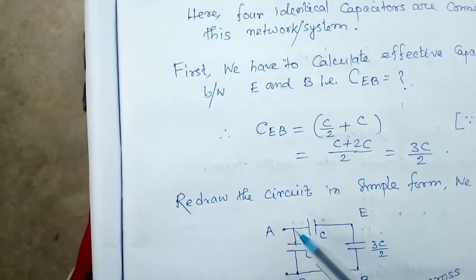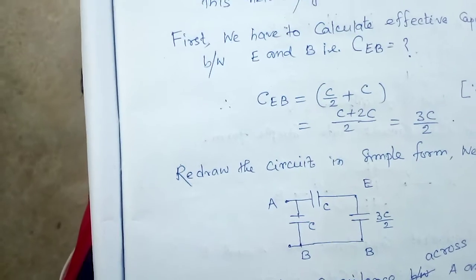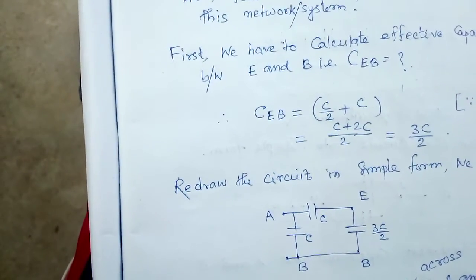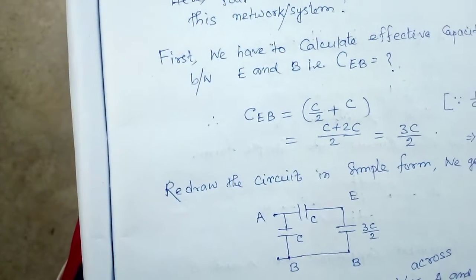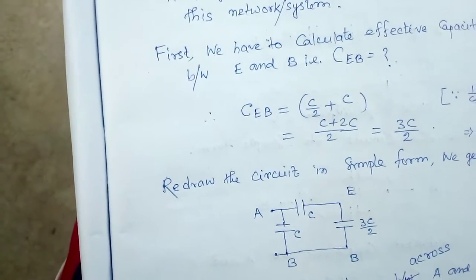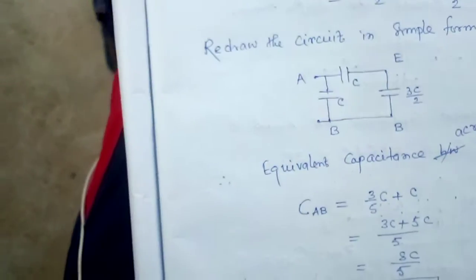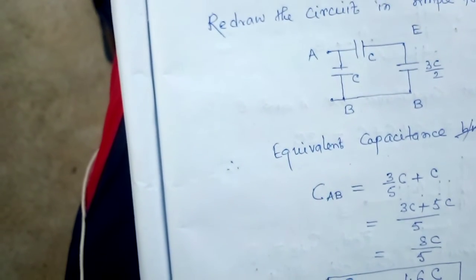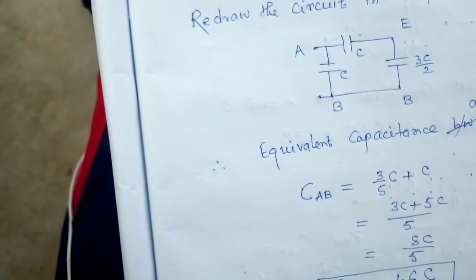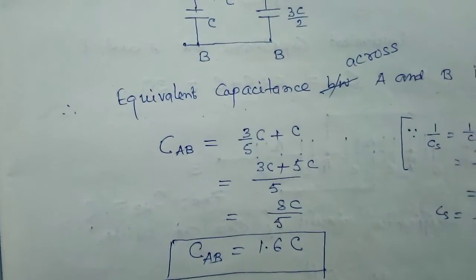Therefore, the effective capacitance between A and B will be C effective equals C plus 3 by 5 C. This gives C equivalent between A and B equals 8 by 5 C. This is the effective capacitance between A and B.